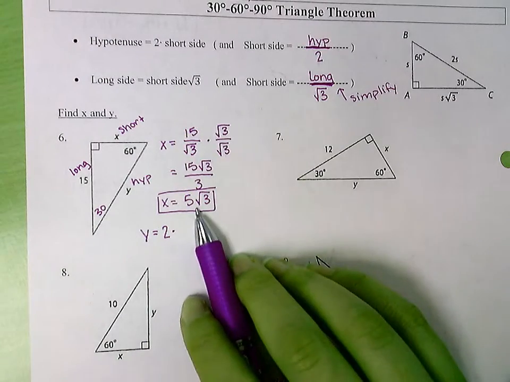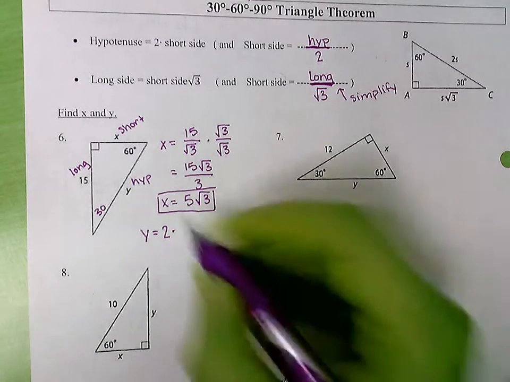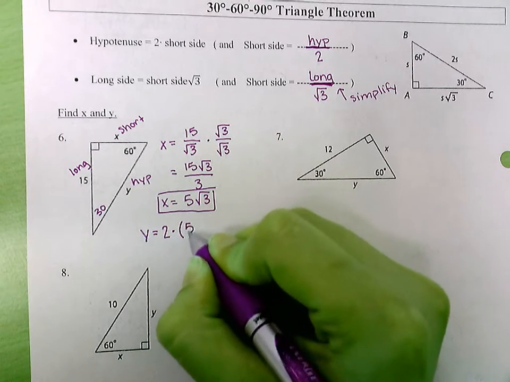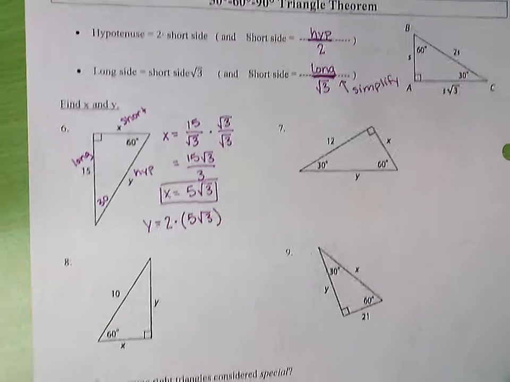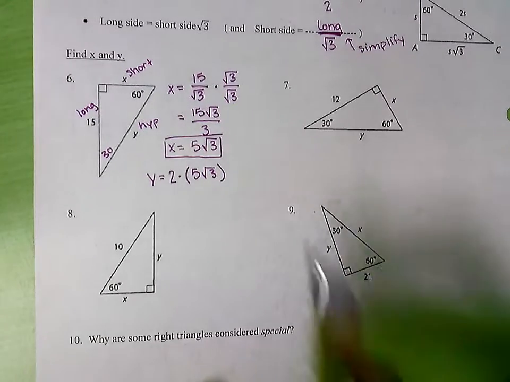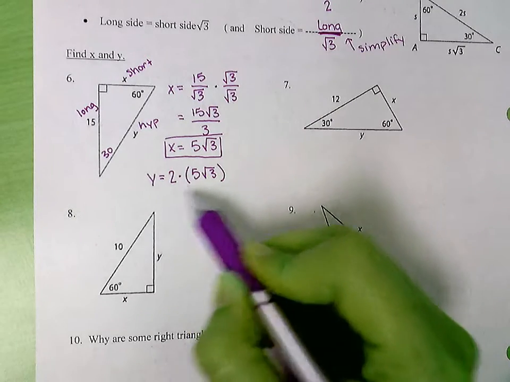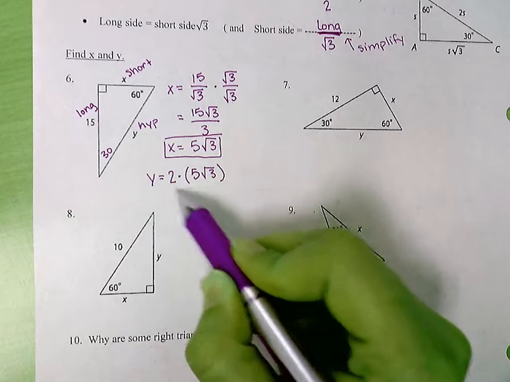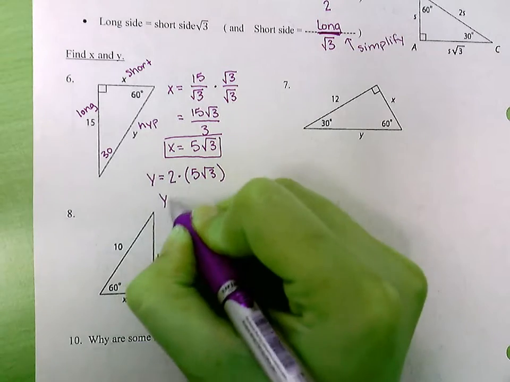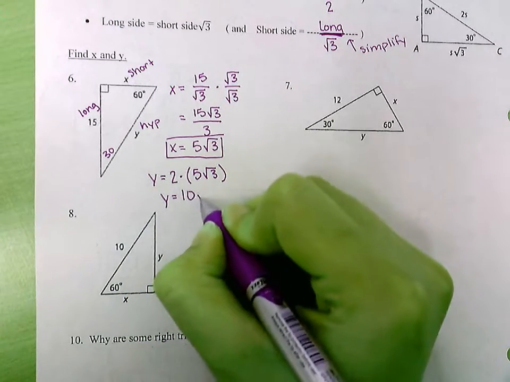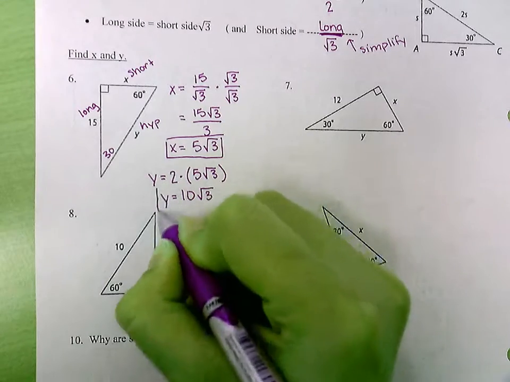Well, I found the short side right here. So I'm going to multiply by 5 times the square root of 3. I can simplify this one step further, so I'm going to multiply those two numbers out front of that root to get 10 square root of 3.